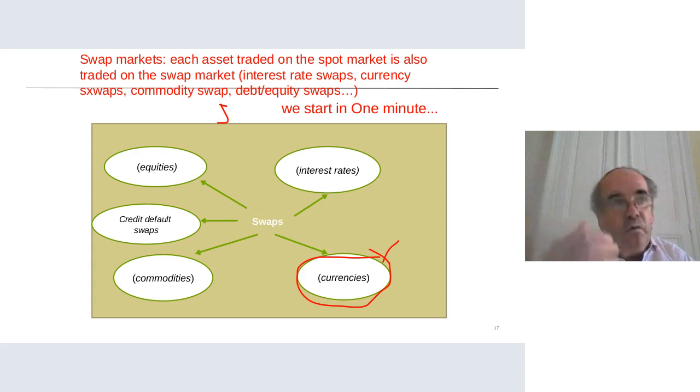If you want to look at, for example, the wheat price for 5 years, you can make a swap, paying a fixed wheat price, receiving a variable price, the spot price. Be careful, if the wheat price moves down, your swap will be really a bad swap because you pay too high a price. So I have a question for you now.